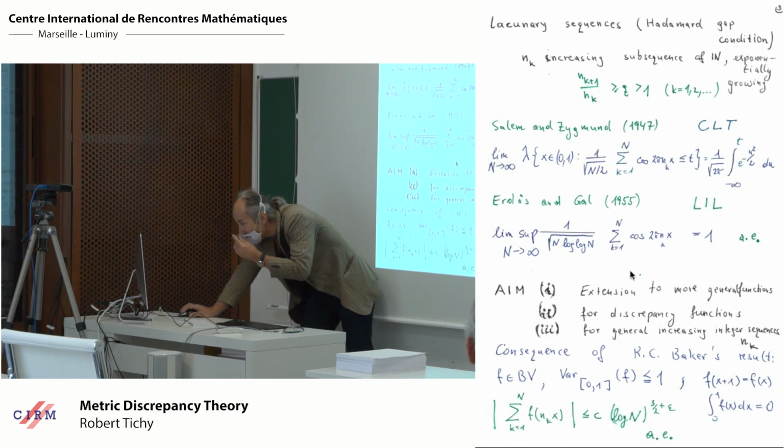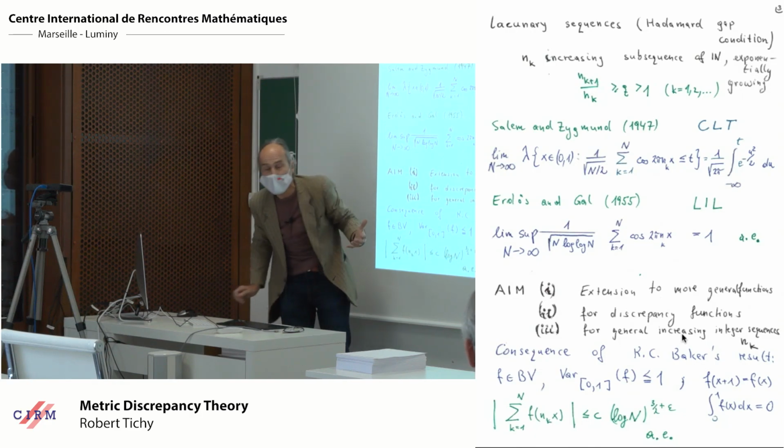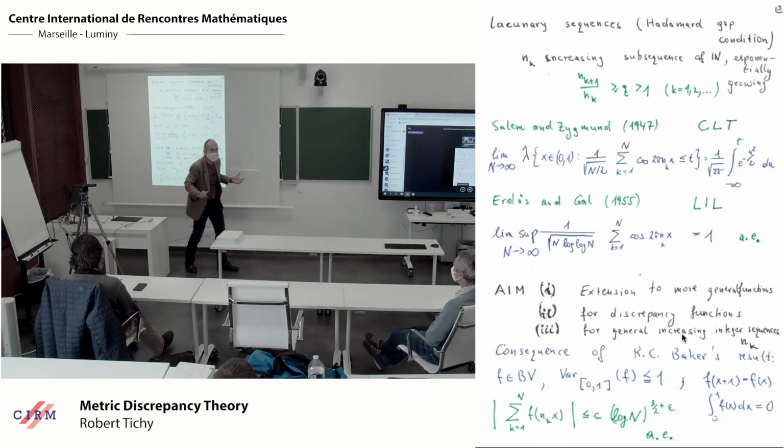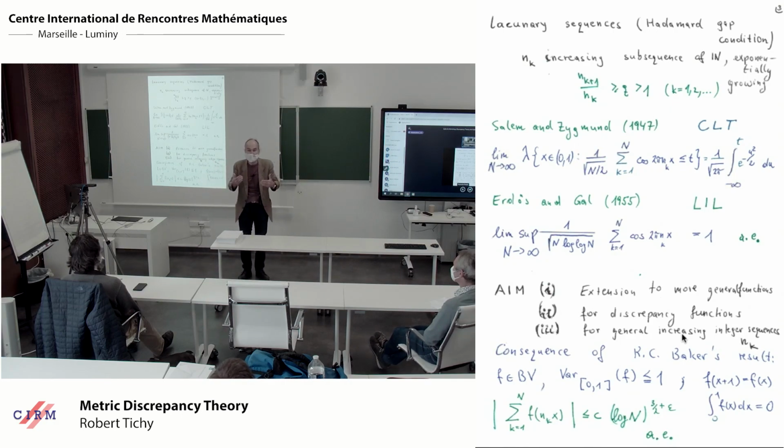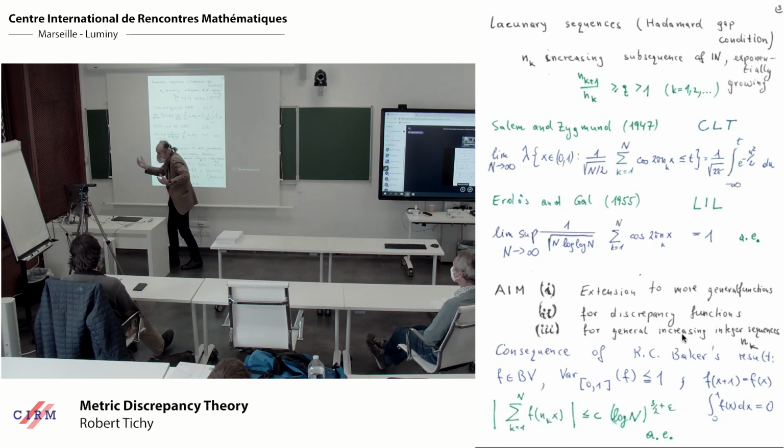So, what is the aim here? We have three aims in the lecture: extensions to more general functions, not only trigonometric ones; considering discrepancies instead of functional evaluations; and of course we want to switch to more general sequences than lacunary, so we would consider sequences of stronger growth and of weaker growth and show how randomly they behave.